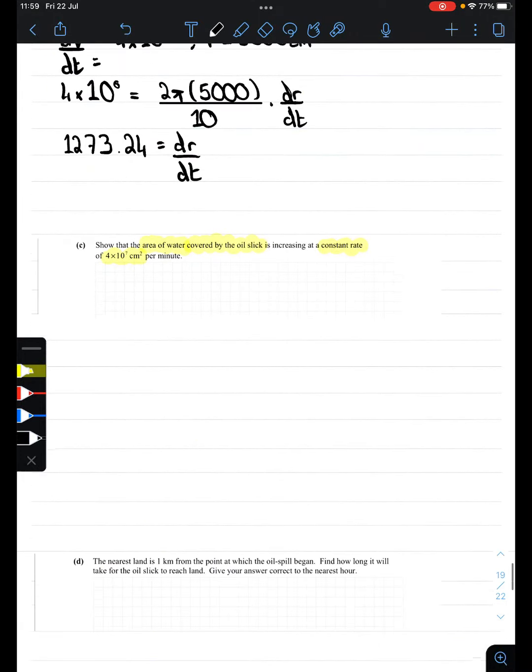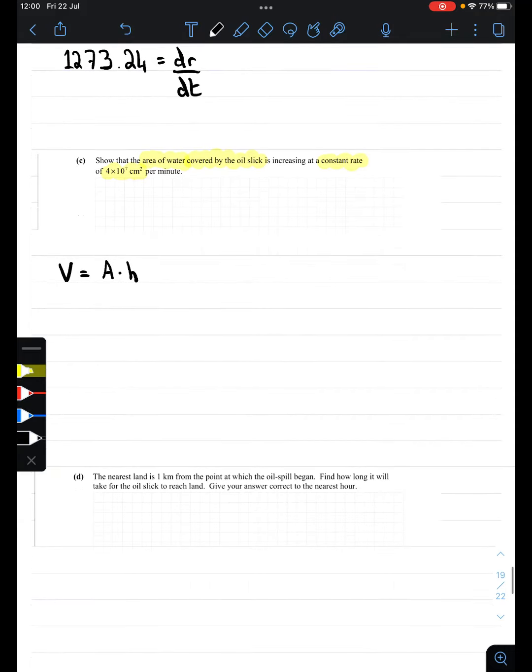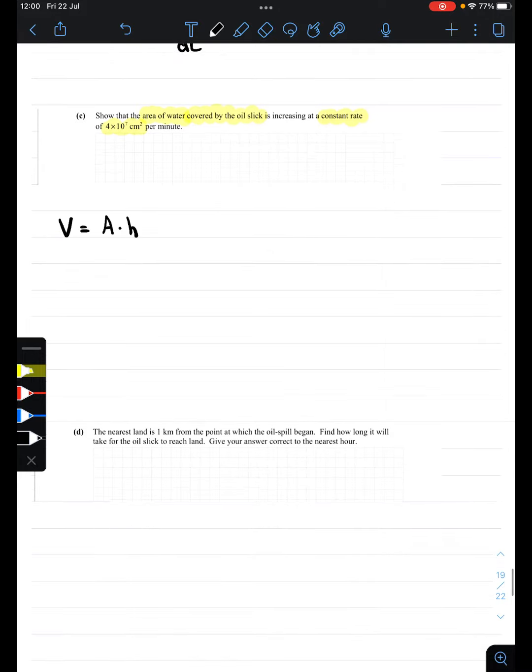Okay, so we know that the volume is equal to the area by the height. This is kind of the definition of a volume of a cylinder. Now we have the area in some expression, and we know that h is equal to 0.1.